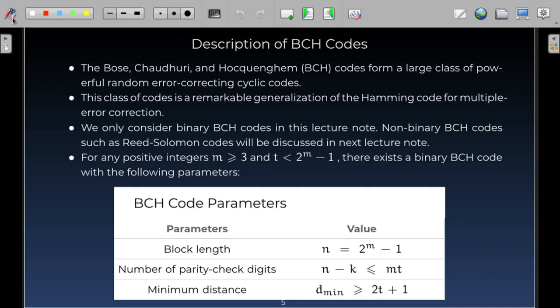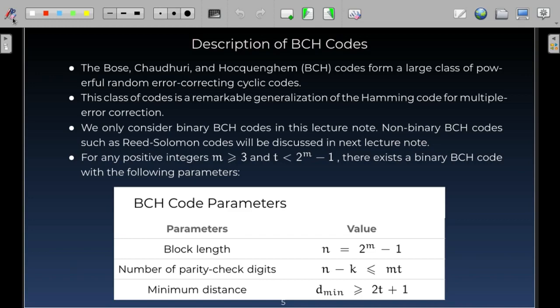Number of parity check digits n minus k is less than or equal to m times t, where t is basically the error correcting capability of BCH code. Minimum distance d minimum is greater than or equal to 2t plus 1. So that's why t is your error correcting capability.